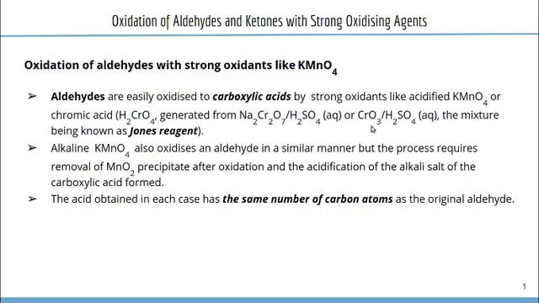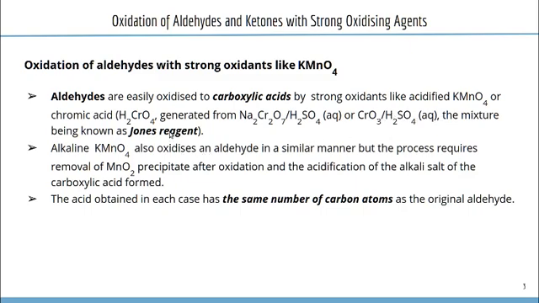And we can also prepare chromic acid from a mixture of chromium trioxide and sulfuric acid. The mixture is known as Jones reagent. Actually, Jones reagent is an aqueous solution of chromic acid, H2CrO4, in sulfuric acid, or a mixture of sodium dichromate in sulfuric acid, or a mixture of chromium trioxide in aqueous sulfuric acid.